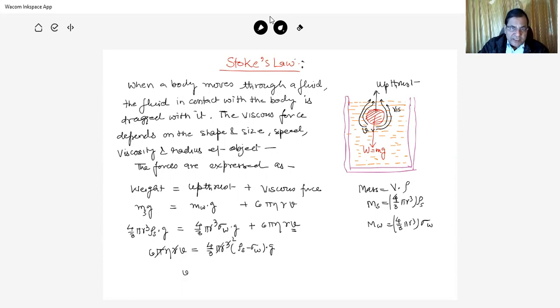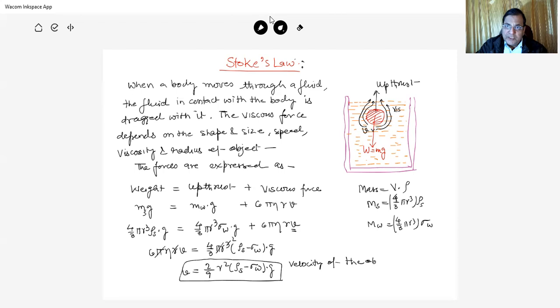So velocity is equal to 2 by 9 r square (rho s minus sigma w) g divided by eta. This is the velocity of the object in fluid.